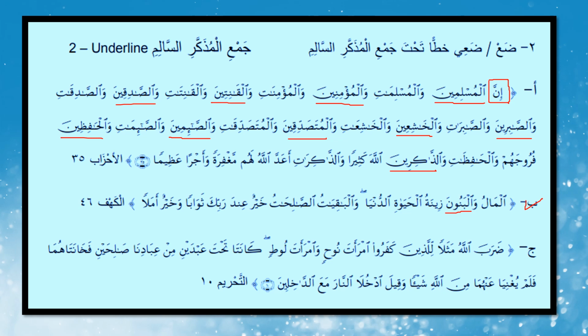Daraballahu mathalan lilladhina kafaru imra'ata nuhin wamra'ata lutin kanata tahta abdayni min ibadina salihayni fakhanatahuma falam yughniya anhuma minallahi shay'an wa qilad-khulan-nara ma'ad-dakhilin. So let's check where is Jama Muzakkar. Kafaru imra'ata nuhin wamra'ata lutin kanata tahta abdayn. Is it Jama Muzakkar? Who remembers the structure of duals? There is a sukoon and there should be a fatha. So this is from the duals, not Jama Muzakkar. Min ibadina salihayn.